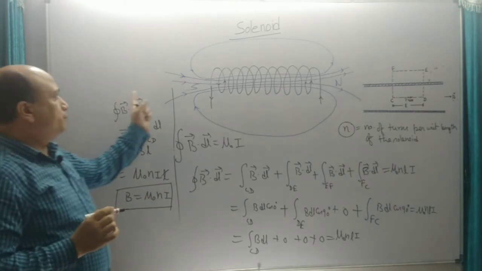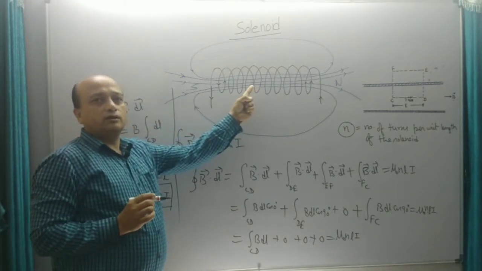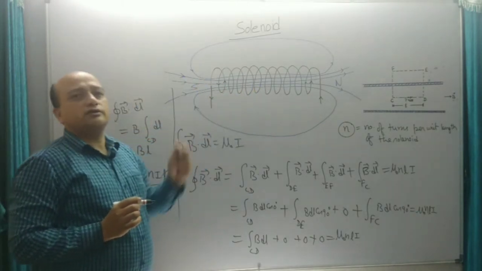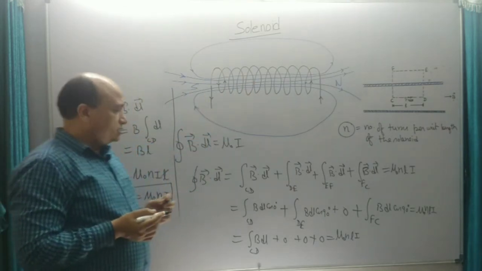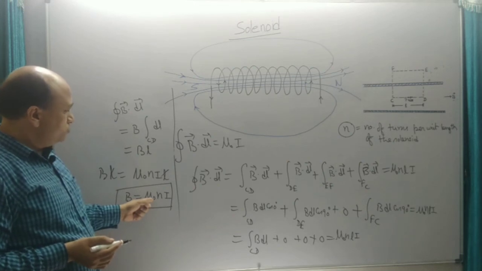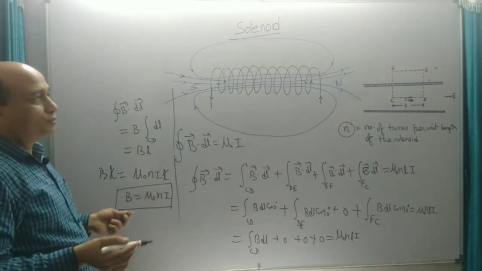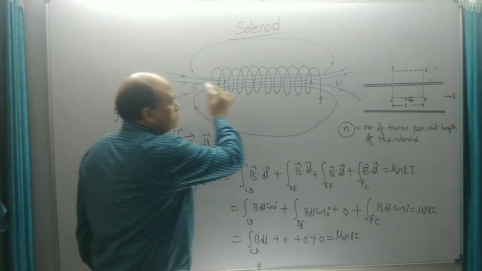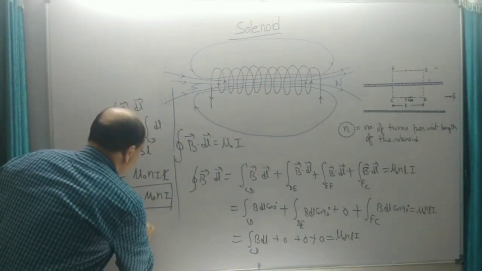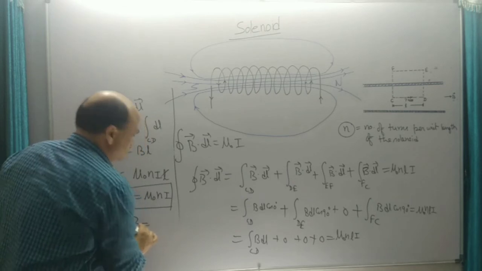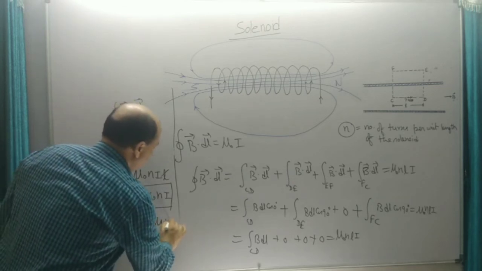If a magnetic material of permeability mu is there, suppose a ferromagnetic material or iron piece is taken, in that case permeability mu naught will be replaced by the permeability of that medium. Suppose it be mu. In that case, this expression will be modified as B is equal to mu Ni.